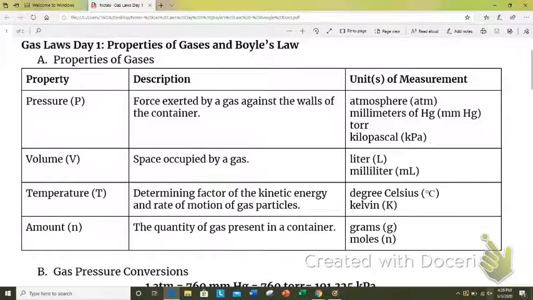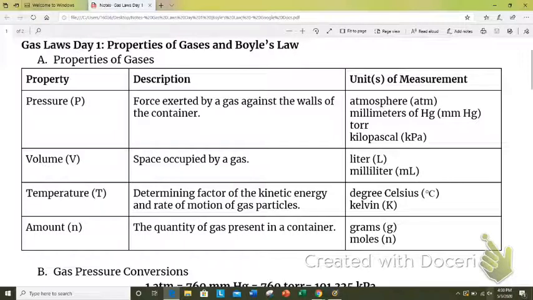There are a lot of different units of pressure out there, and I've listed some of those out. This will be a handy table to refer to if you're not sure what characteristic is being described in a problem. One unit of pressure measurement is the atmosphere, which we abbreviate ATM. With SI, we use millimeters of mercury, or mmHg.